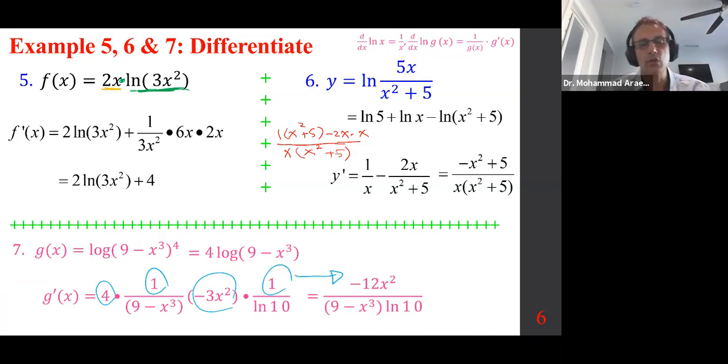Those are the ones in the numerator, okay, class? Their product is negative 12x squared. And then the denominator is 9 minus x cubed times ln 10. The reason we put the 9 minus x cubed first is because if we put it after ln 10, one may think it's part of the argument of natural log. We don't want that.